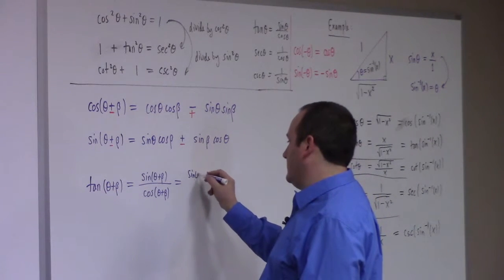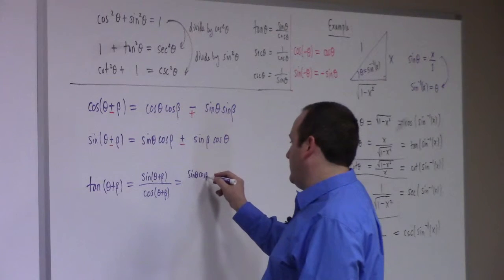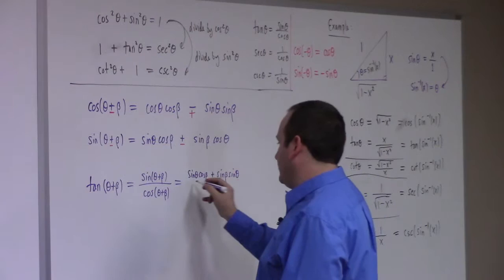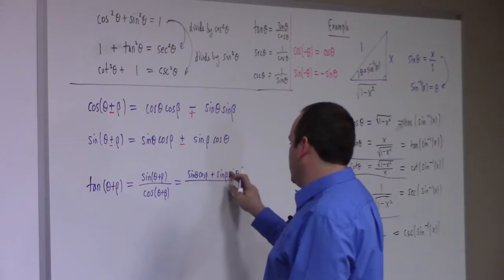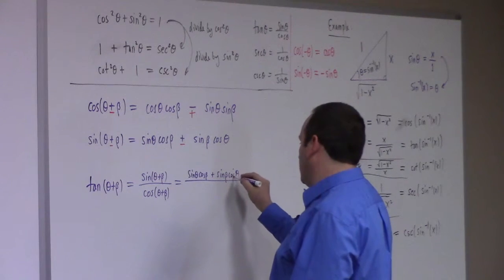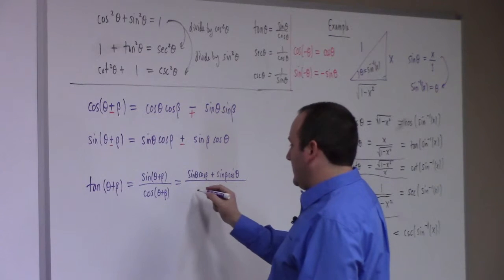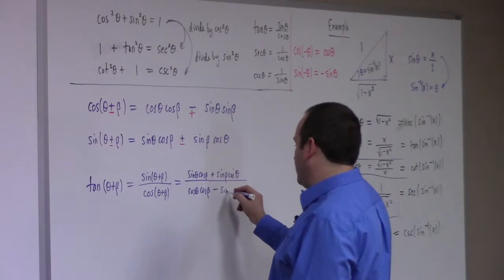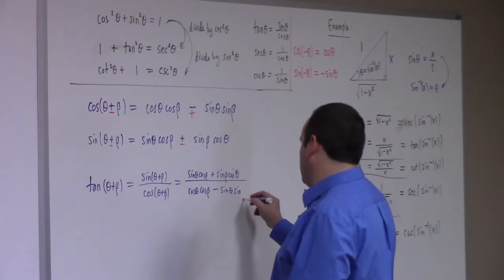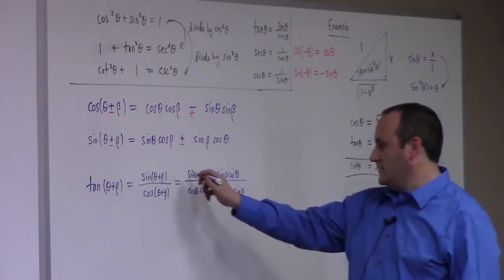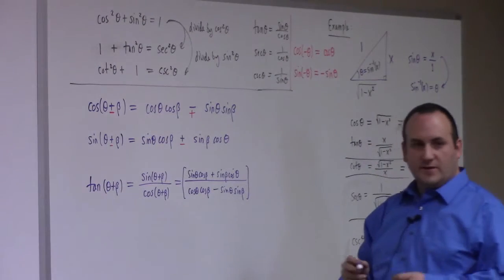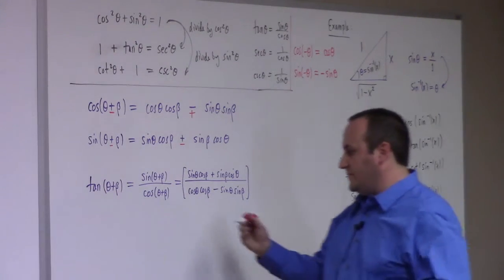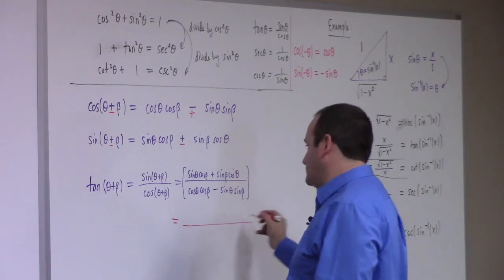Sine theta cosine beta plus sine beta cosine theta, I'm sorry, there's cosines in there. So sine, cosine, and then in the bottom it's cosine theta, cosine beta, minus sine theta, sine beta. Now if you take this, right, and you divide the top and the bottom by what?